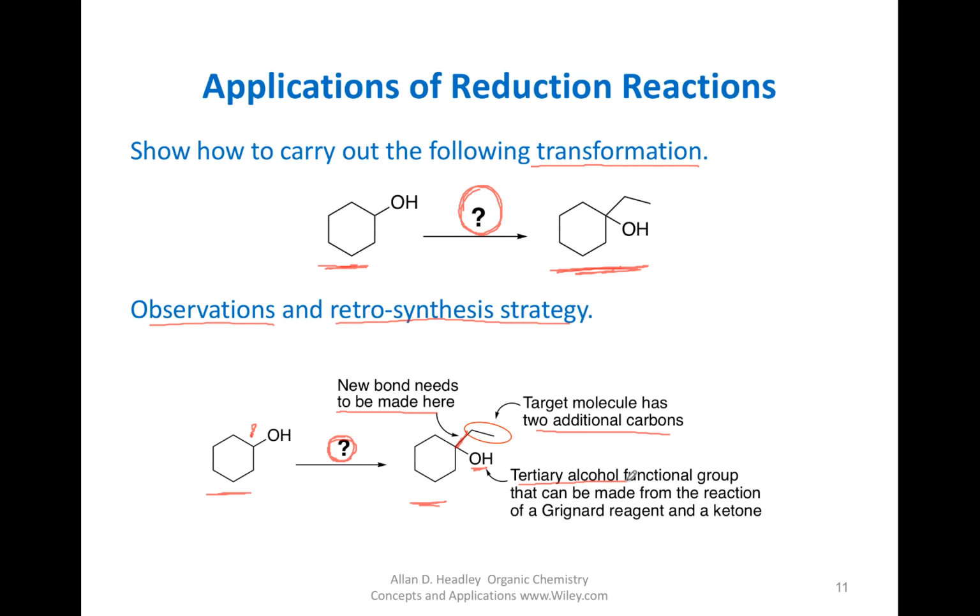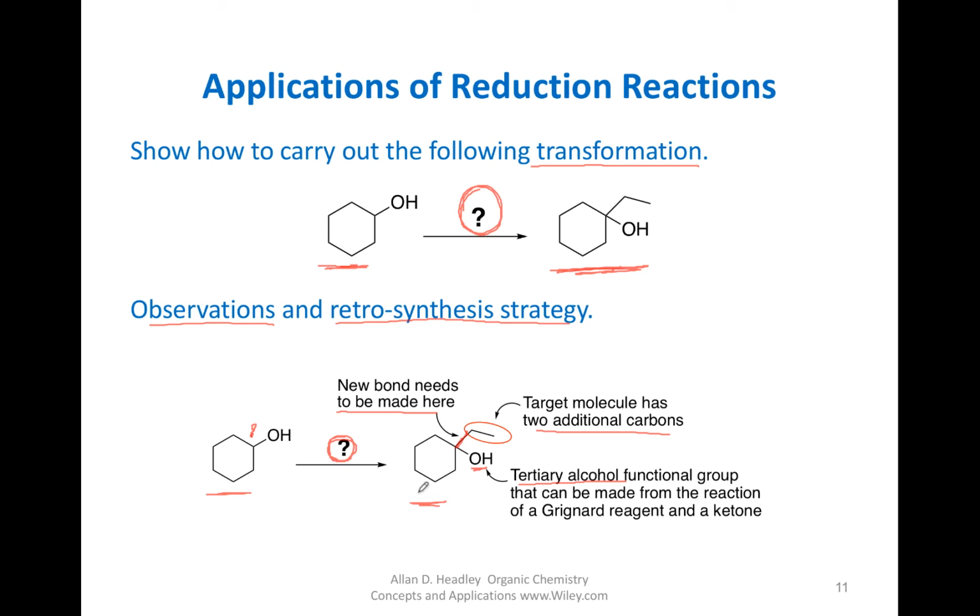So hopefully you can see that you'll spend a lot of time making observations about your target molecule and working through a retrosynthetic strategy before you actually put pen to paper. Now that you've figured out what needs to get done, you can put pen to paper and try to recognize the reaction types and the reagents that are needed.